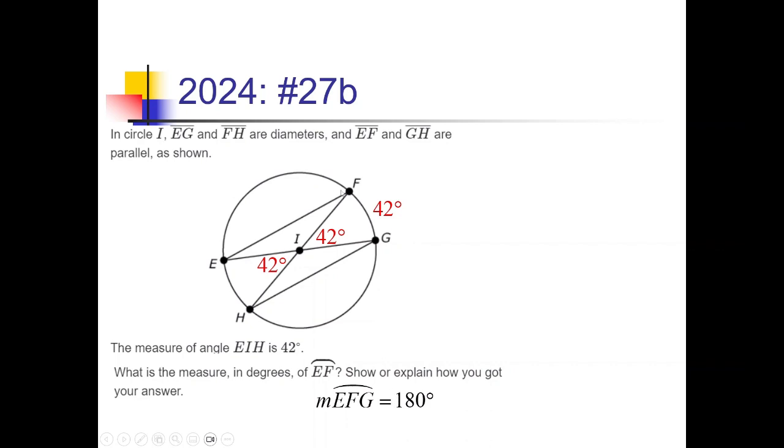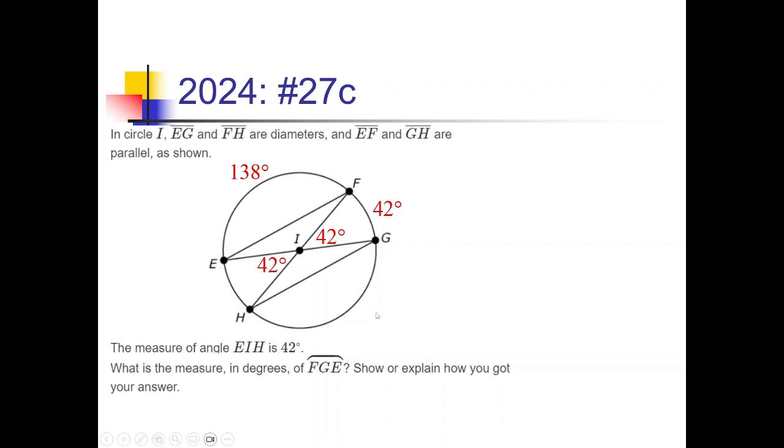And that means that EF is just going to be that whole 180 minus the 42 that we found on the last part of the problem. So that comes out to 138 degrees. And I'll just write that up here so I can have it for future reference. It might be helpful on future parts of this problem.